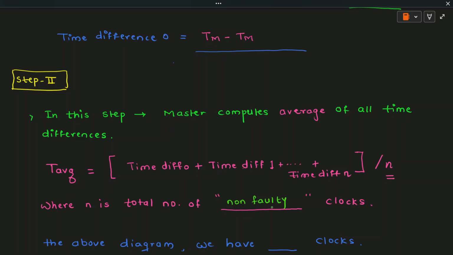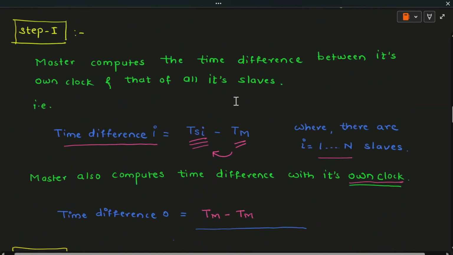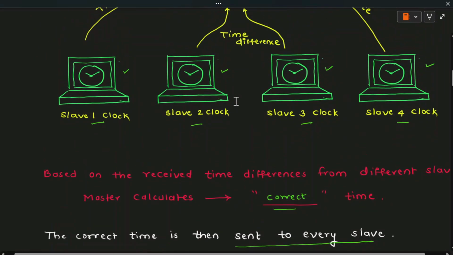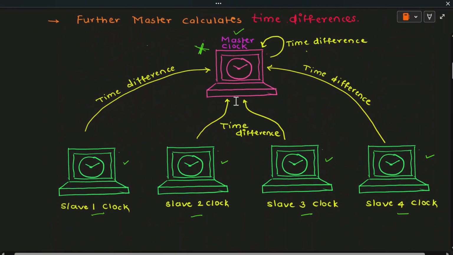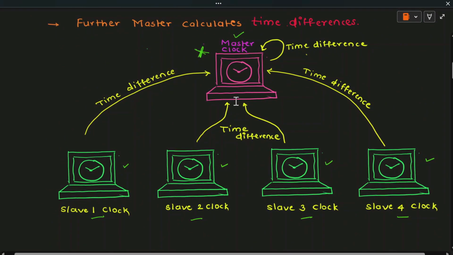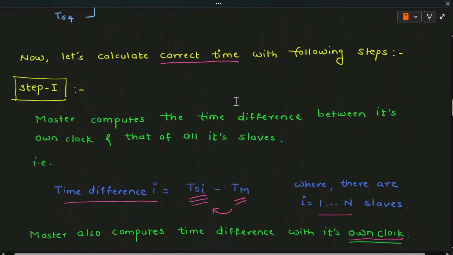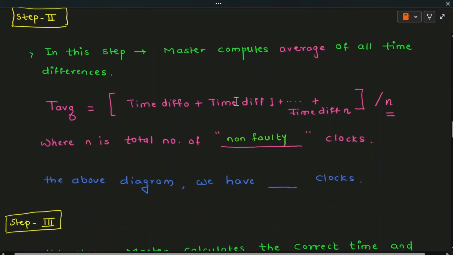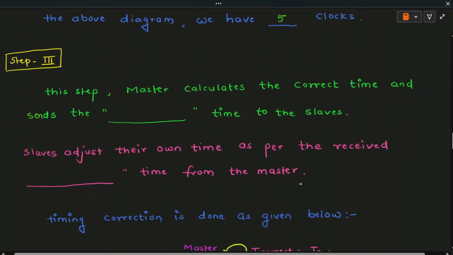If we see our diagram, we have 4 slaves and 1 master, all having their own clocks, and the clocks are not faulty. So in this diagram we have a total of 5 non-faulty clocks, which we will assume.